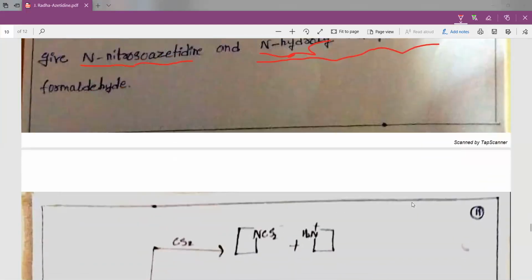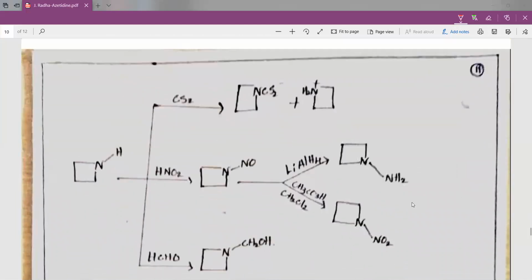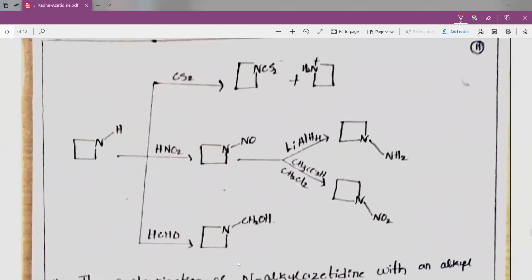So let us formulate these reactions. Formation of salt. This is azetidine. When treated with CS2, it forms a salt. When treated with nitrous acid, it forms a nitroso compound. This nitroso compound on reduction is converted into an amine.